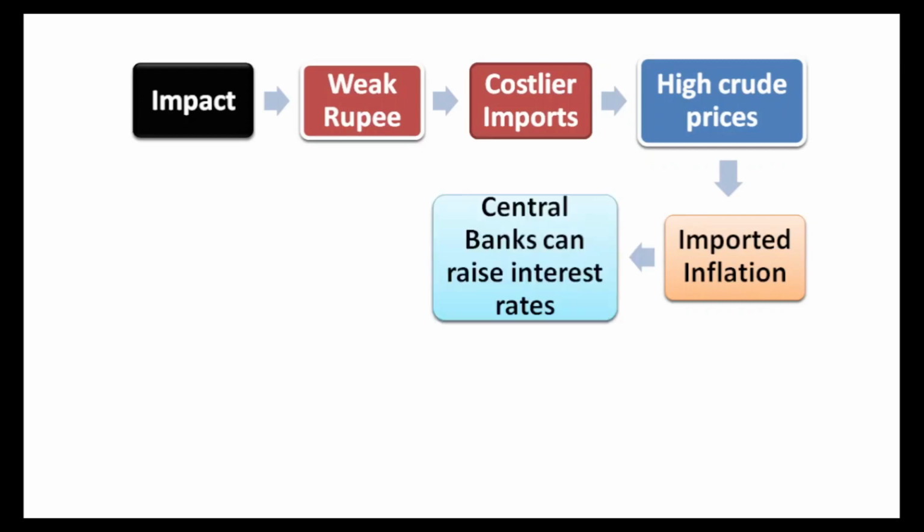So what would the central banks do in this situation? Every central bank would want to control the volatility of their domestic currency. If the central bank wants to make the investment opportunity in India lucrative as compared to the US, now because the FPIs are moving out of India as they are getting a higher interest rate in the USA, what can the RBI do? The RBI can increase the interest rate.